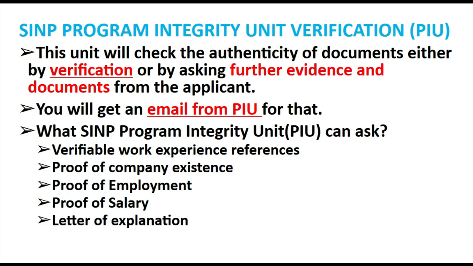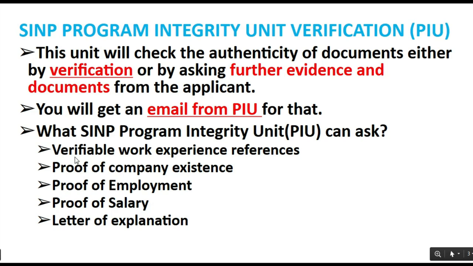Once your file has been transferred to the Program Integrity Unit, you may get an email from the SINP, and when they want any official documents from you, you will get an email from the Program Integrity Unit. Okay, so now let's see what information can be asked by the SINP Program Integrity Unit.